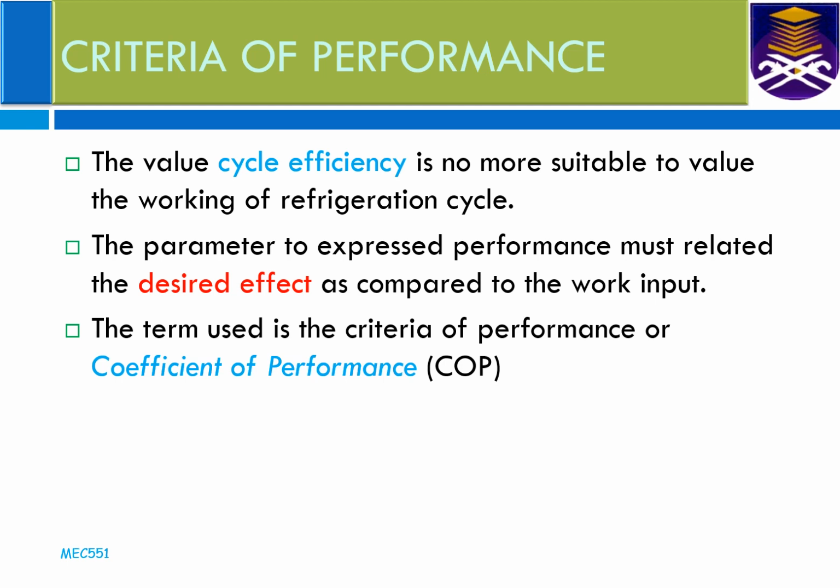So the value for the cycle efficiency is no longer suitable for evaluating the working of the refrigeration cycle. So the parameter to express the performance of the refrigerator is known as the coefficient of performance, which refers to the desired effect as compared to the work input. So if you are analyzing the Rankine cycle, it is more toward the work input or work output produced by the cycle.